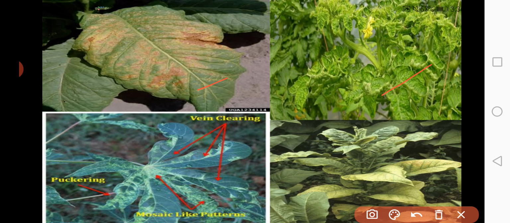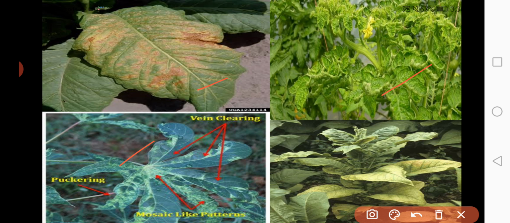And this is leaf rolling or leaf curling. And this is yellowing or vein clearing. What is the meaning of vein clearing? It is a loss of normal green coloration of the plant veins, and usually they turn yellow due to the presence of viral particles.